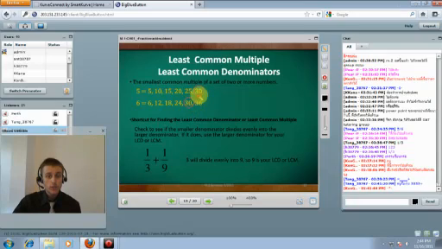We're looking for the two numbers that are the same. 30 is the least common multiple because 30 is the smallest number that both 5 and 6 can be multiplied by to equal.